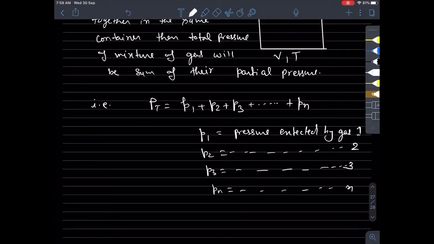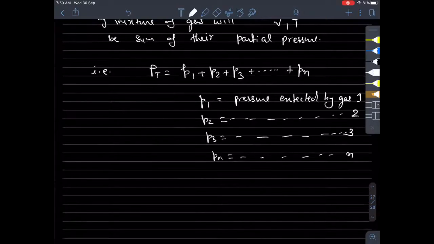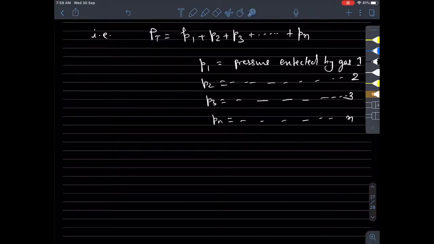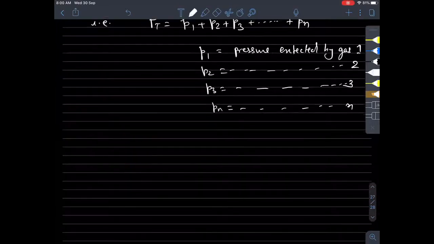It is very, very simple, guys. As I told you, they are mixed in the same container. So for partial pressure, suppose I took just one gas at a time inside the container, whose temperature and volume are fixed.